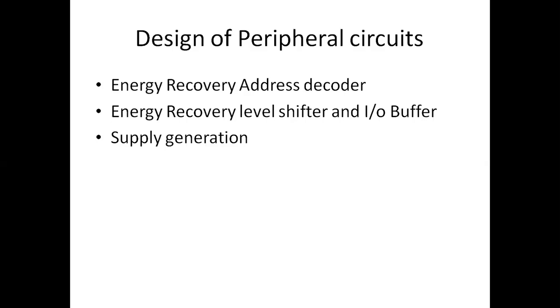Conversely, the pull-down path will be on and the pull-up path will be off when the voltage at Y is below the V reference. So we can apply the adiabatic logic for all the three peripheral circuits.